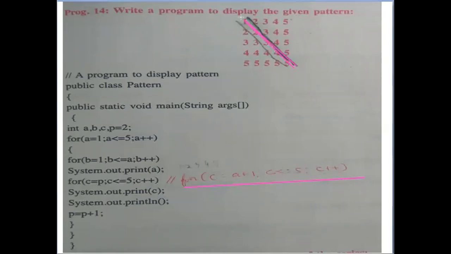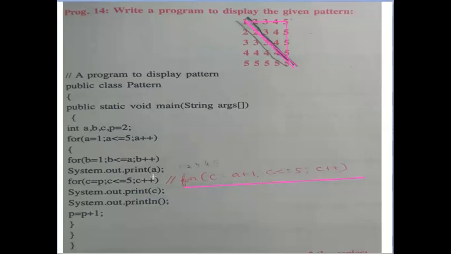Now, I want the first inner loop to print 1, 2, 3, 4, 5, or second time 2, 3, 4, 5, 3, 4, 5, 4, 5, 5. This should be printed from the first inner loop, not the second inner loop.